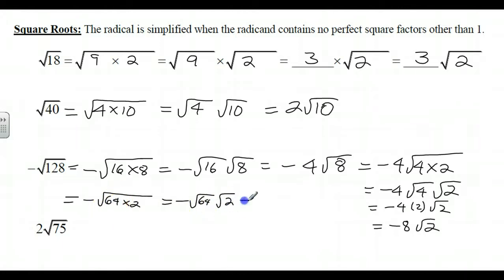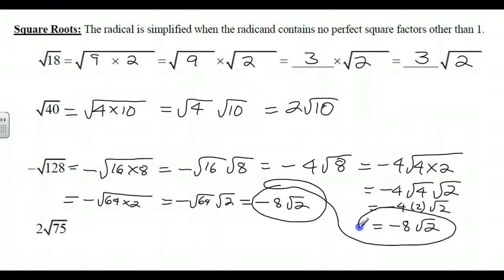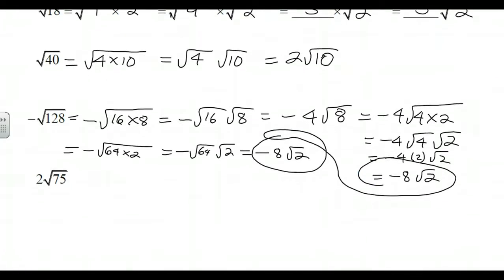Then we split the radical out, we get negative 8 root 2, and that's your answer. That's the one you have to end up with. But if you don't get there directly, you just have to recognize, oh, hang on a sec, I still have a perfect square here. I need to keep going.